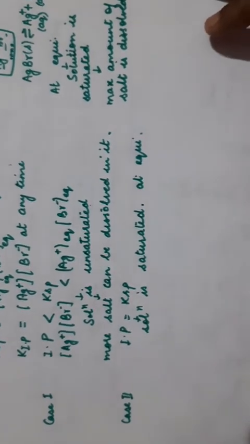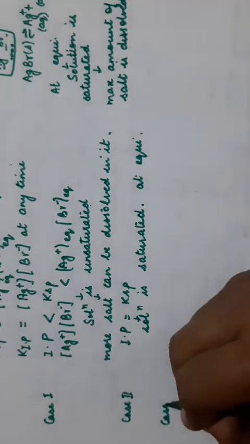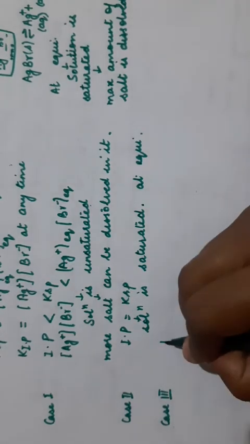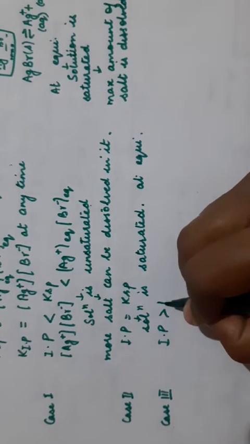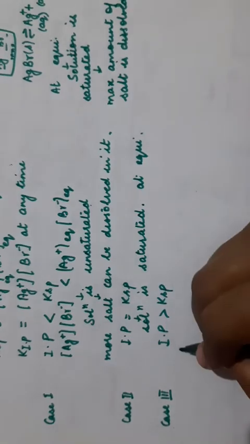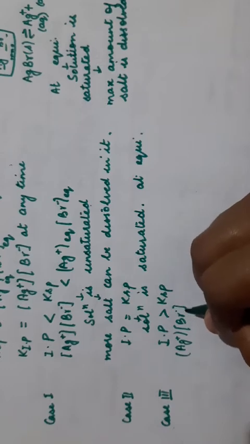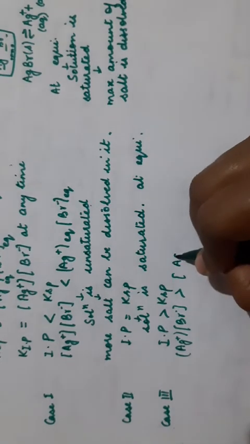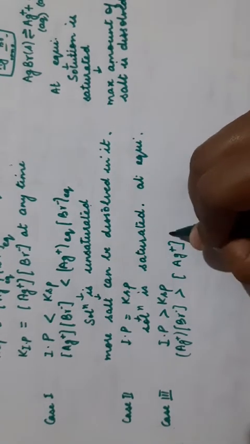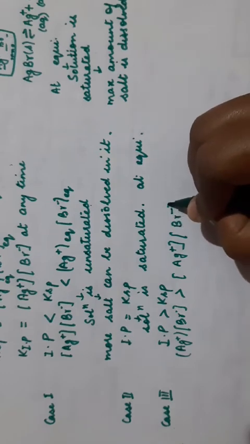Clear? Now case 3, and case 3 is more important: if ionic product is greater than solubility product. That means the concentration of ions is greater than the concentration that should be at equilibrium. So the concentration has exceeded the equilibrium value.